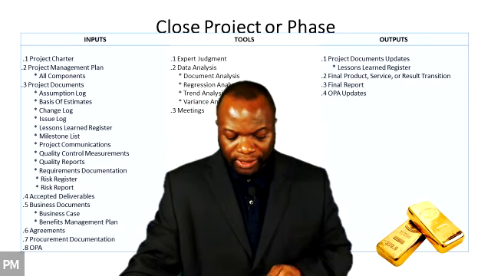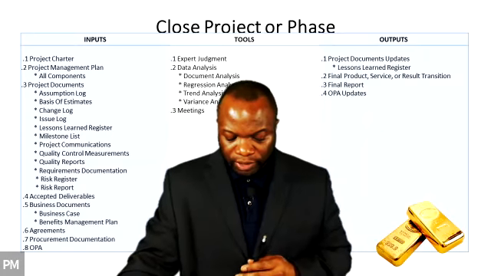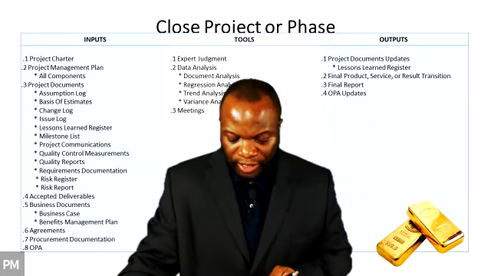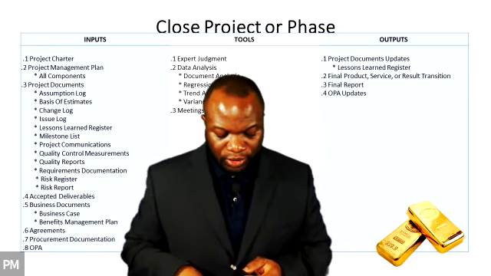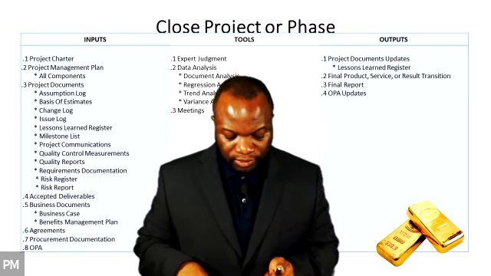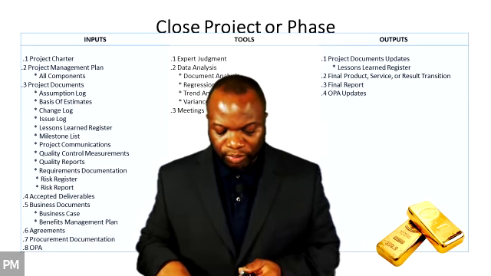All right, next one here is the final report. We've talked about this. It says the final report provides a summary of the project performance. It can include information such as summary level description of the project or phase, scope objectives, quality objectives, cost objectives, and summary of the validation information for the final product, service, or result.